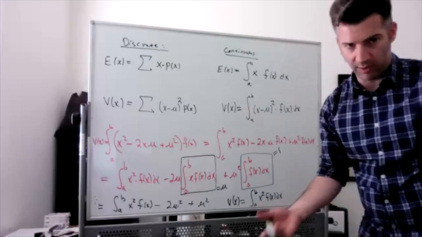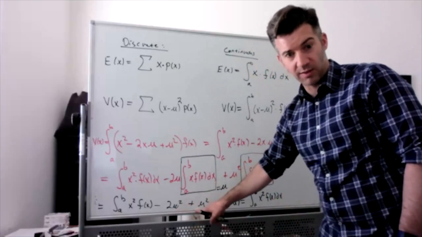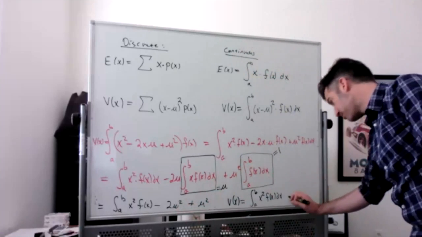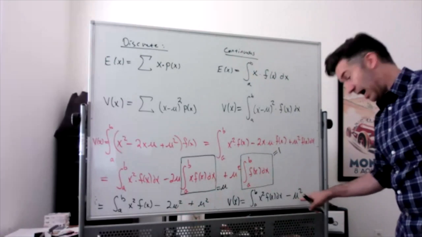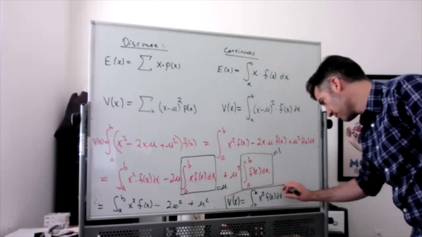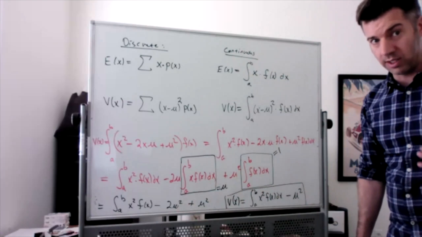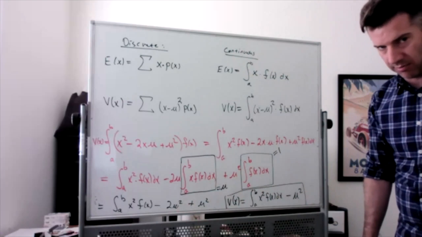That will have to be calculated. Minus 2 times the mean squared plus the mean squared is minus 1 of the mean squares. And that is outside of the integral. So that is the version of the variance formula that I would encourage everyone to use every single time.